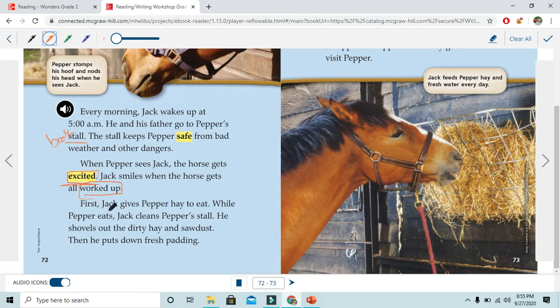First, Jack gives Pepper hay to eat. What is the hay? Look at this picture. Hay, this means dried grass. D-R-I-E-D. Dried grass. You can see it on page 73.